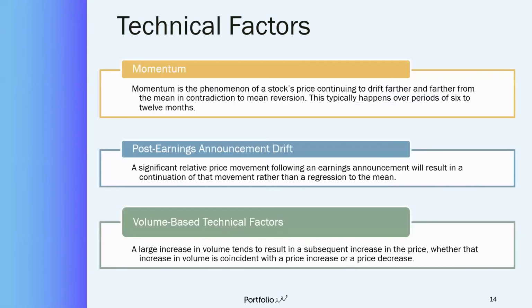I need to talk about post-earnings announcement drift before we go to the next slide. It's been observed that a significant relative price movement following an earnings announcement will result in a continuation of that movement rather than a regression to the mean. And this is due to the infrequency of rebalancing by some money managers. If a money manager only rebalances monthly or quarterly, it'll take some time for the good or bad information imparted by the earnings announcement to affect the money manager's portfolio.